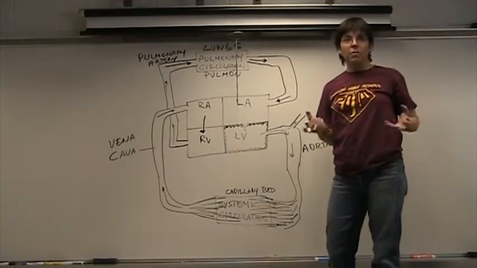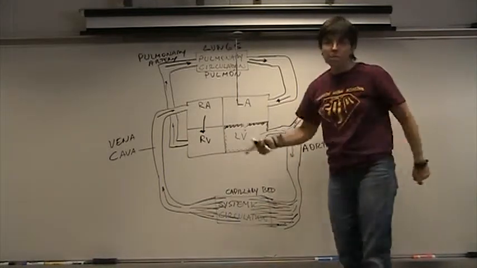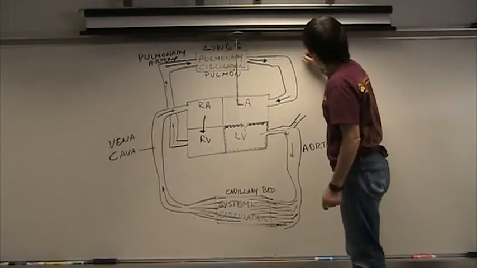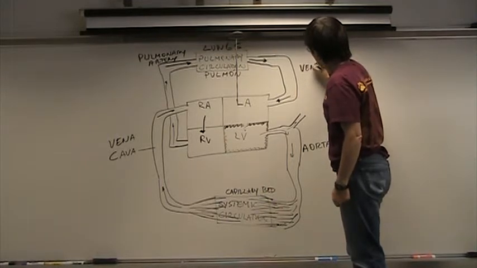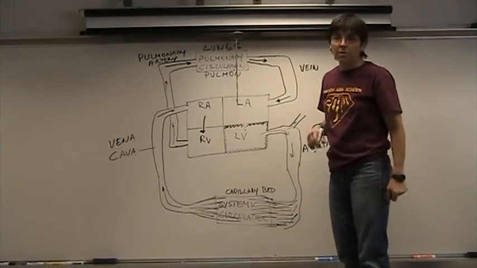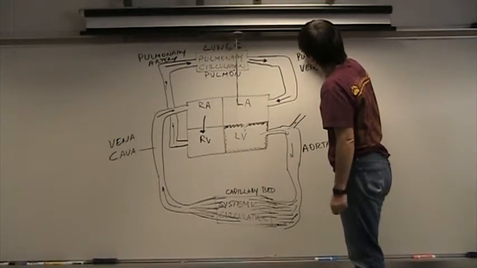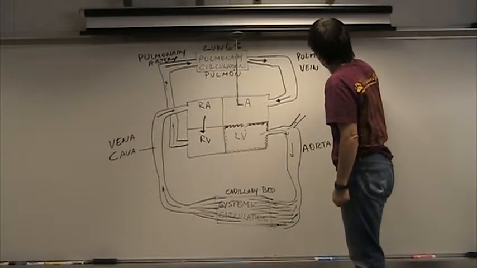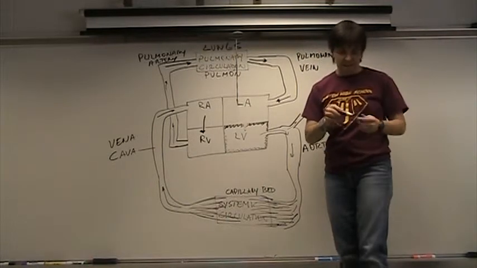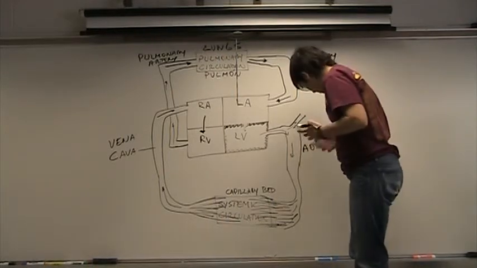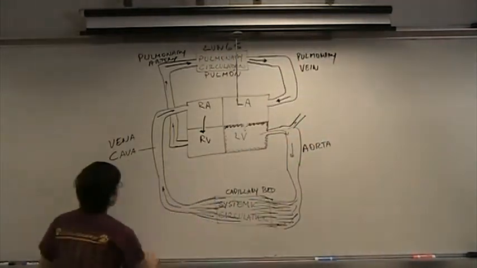Now, what's the name of this blood vessel? It's going back to the heart, so it's a vein. And of course, it's coming from the lungs. So this is your pulmonary vein. So that basically makes a nice circuit.